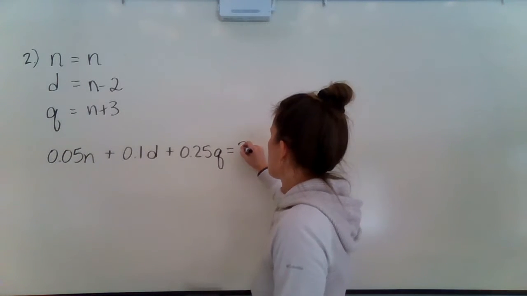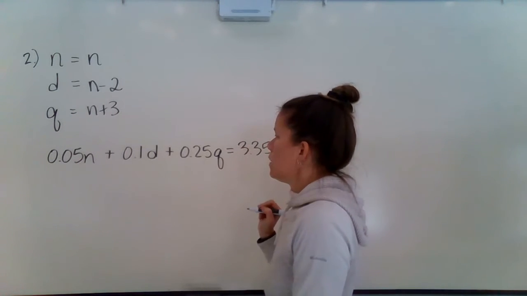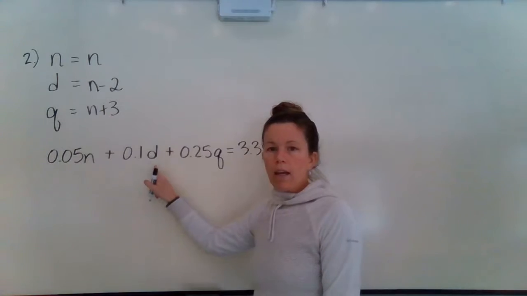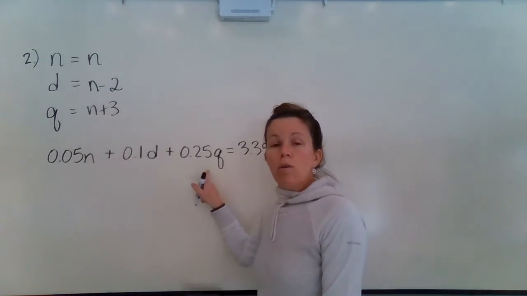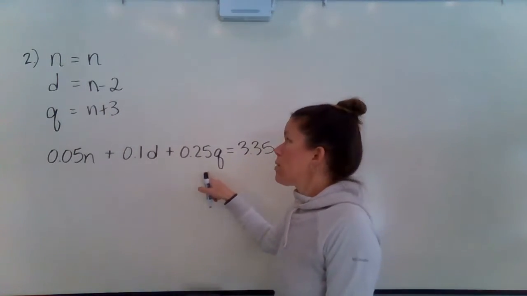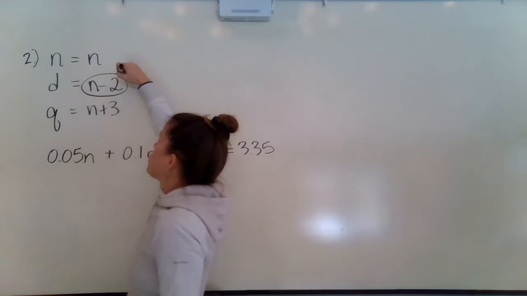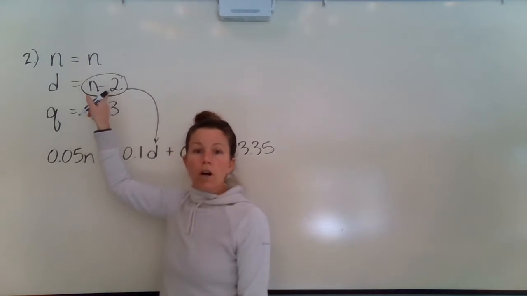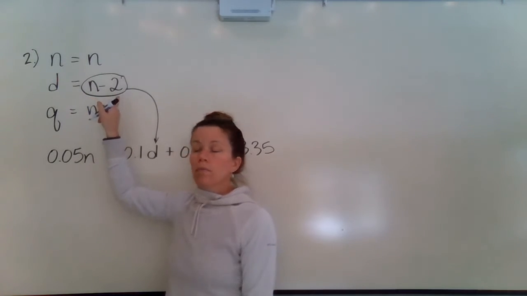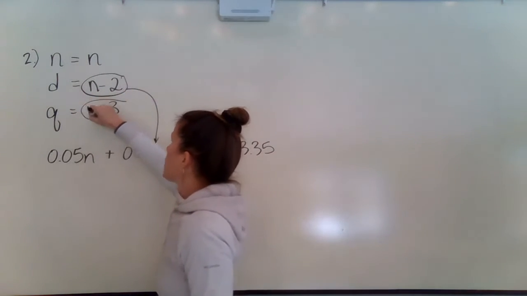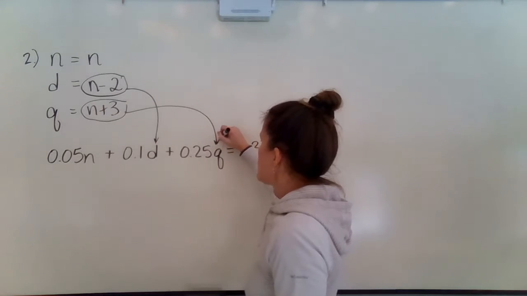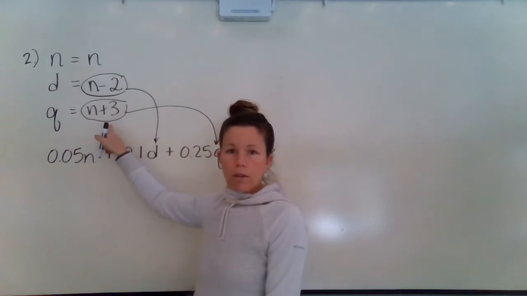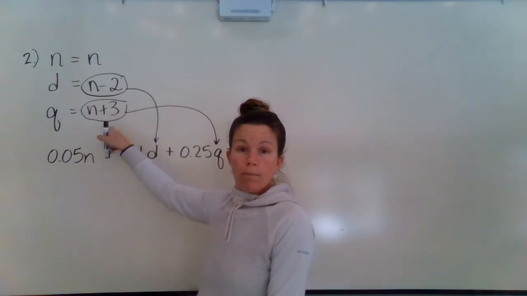But I don't know how to solve an equation with n and d and q, so I'm going to substitute. I'm going to take n minus 2 and stick it where the d is, and I'm going to plug n plus 3 in where the q is.